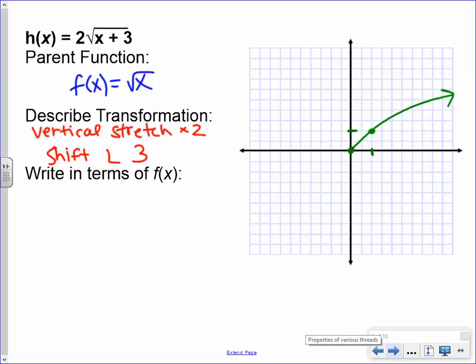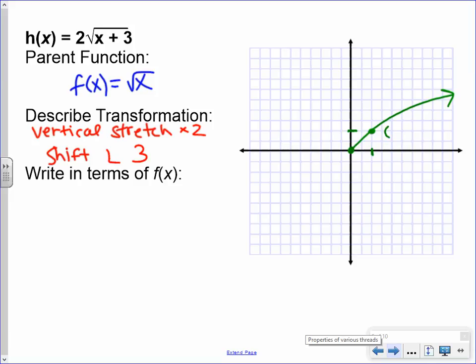This is my advice. Do the shifts last. Reflections and stretches / shrinks need to be done first. Okay? So since we're stretching vertically by 2, any y coordinate is going to get multiplied by 2.